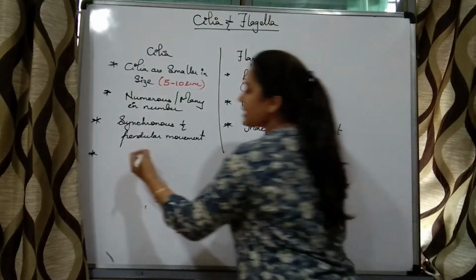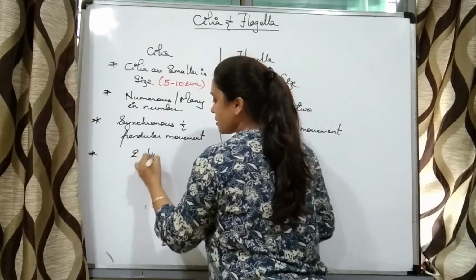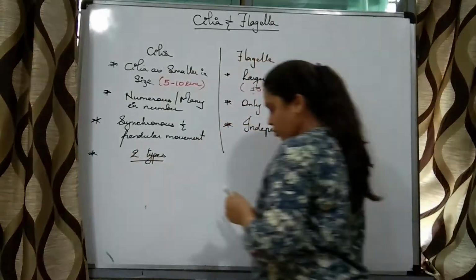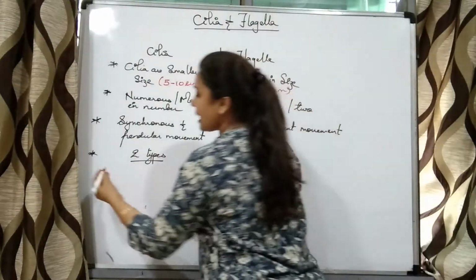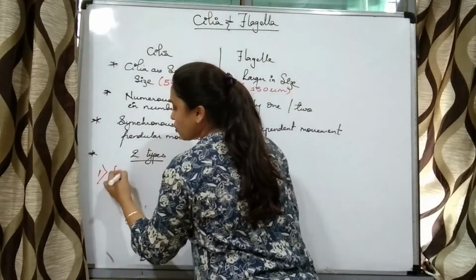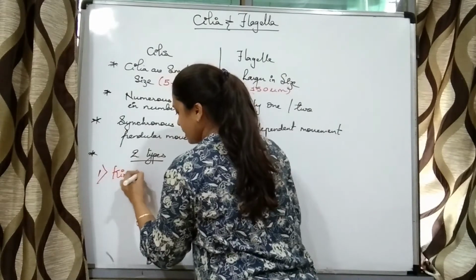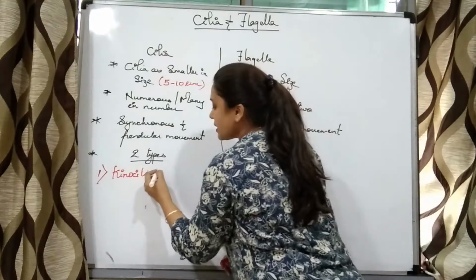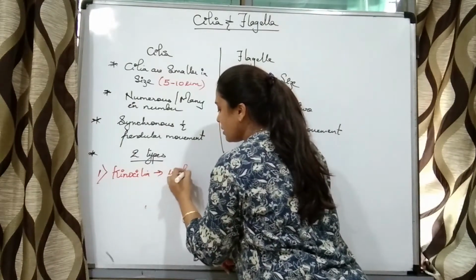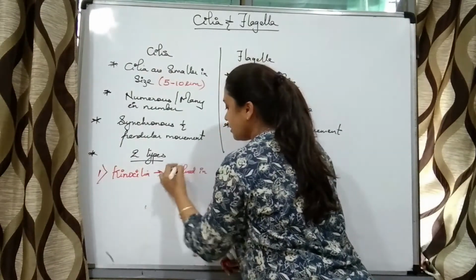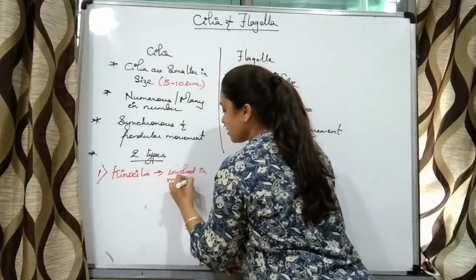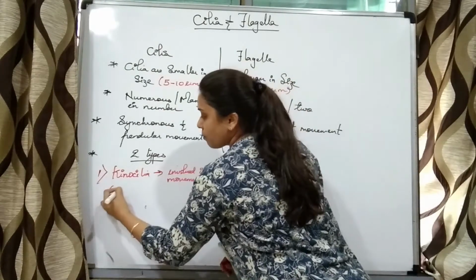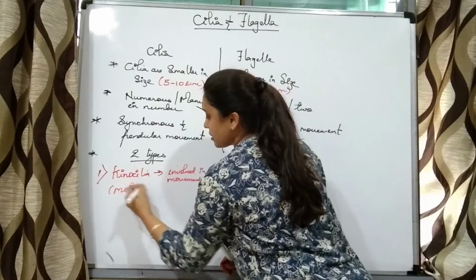These cilia are of two types. The two types of cilia are kinocilia, which you have to study later in detail. Kinocilia are involved in movement, which means those are motile cilia.